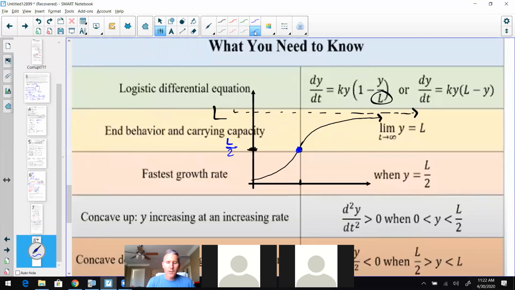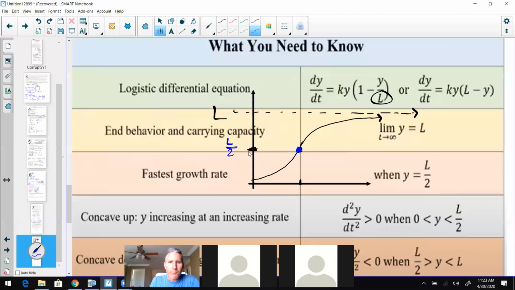So when the y value is half of the carrying capacity, that's when the function, whether it's a population of animals or whatever it is, is growing at the fastest rate. And then it starts increasing still, but at a slower rate, okay?